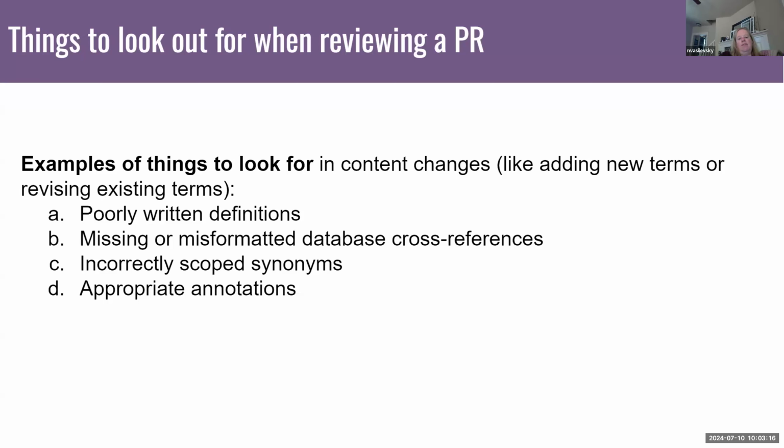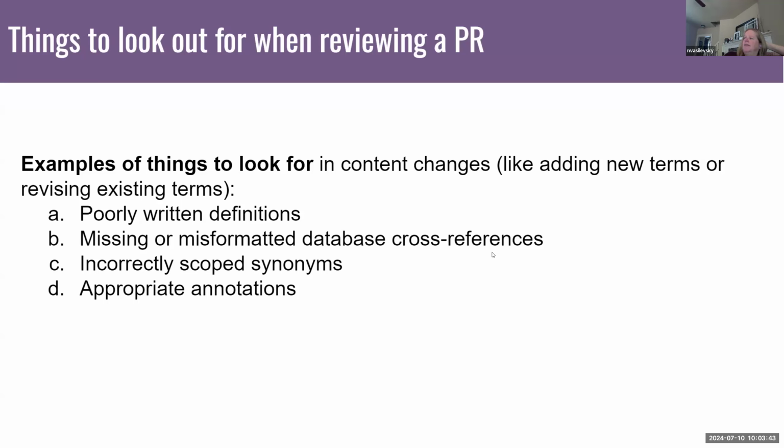So some other things that you can look out for if you're reviewing a PR. Looking for the content changes. Some things that will come up sometimes, from our experience: a poorly written definition. So review the definition, make sure that it conforms with what was asked for and with our best practices for writing definitions. Missing or misformatted database cross-references.